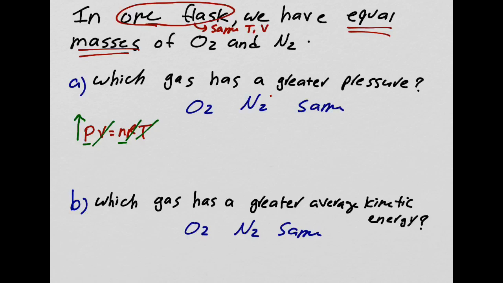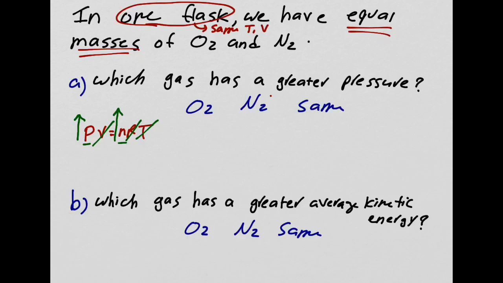If pressure goes up, what should happen to the moles? Moles should also go up. Do you agree? Because they are on opposite sides of the equation, if this goes up, this one has to go up. So the one that has more moles is going to have a greater pressure.